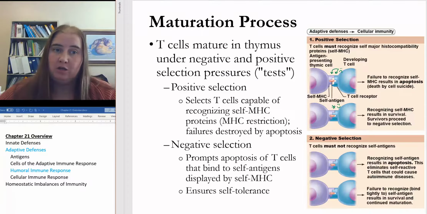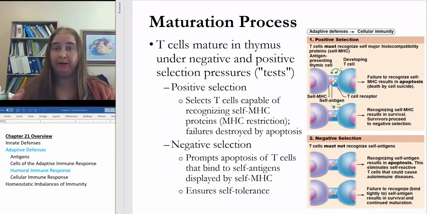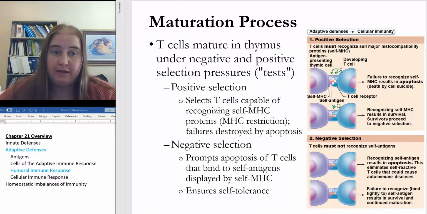Okay. So in the case where we match, think of a conveyor belt, right? They match, it gets to survive. It doesn't match, it undergoes something called apoptosis, which is death by cell suicide. Okay?